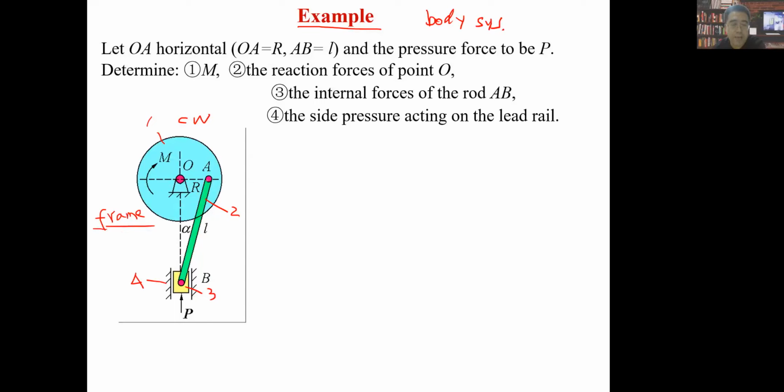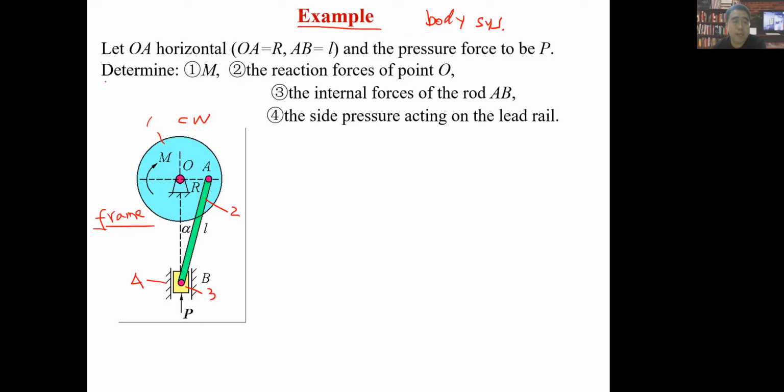And at point A, we have a constraint between part 1 and part 2. And at this point, we also have another constraint between this rod AB and this slider 3, right? This is the so-called body system.